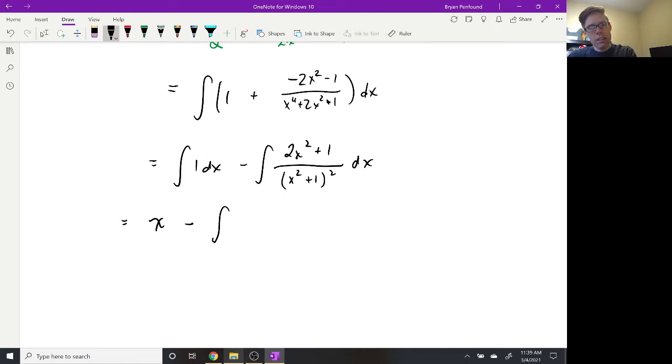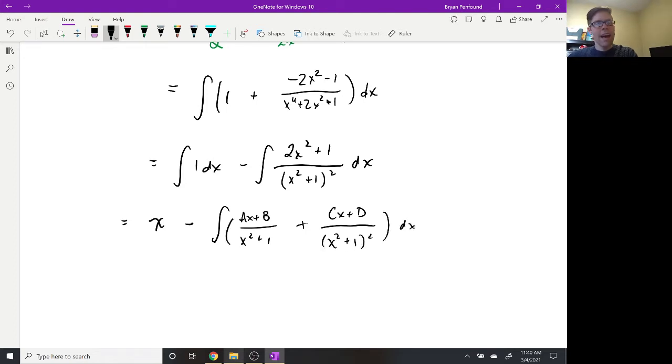It would be helpful if I could decompose this into something over x squared plus 1, plus something, and these are going to be ax. Is this going to work? I think this will be helpful. Let's see how this works.